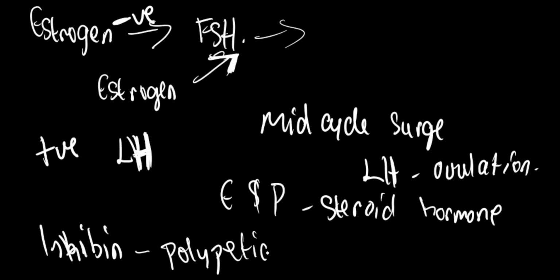Inhibin is a polypeptide hormone, and it's produced by the ripening follicular cells. It also has a negative feedback on the follicle stimulating hormone. So it's very good for us to take note of this.